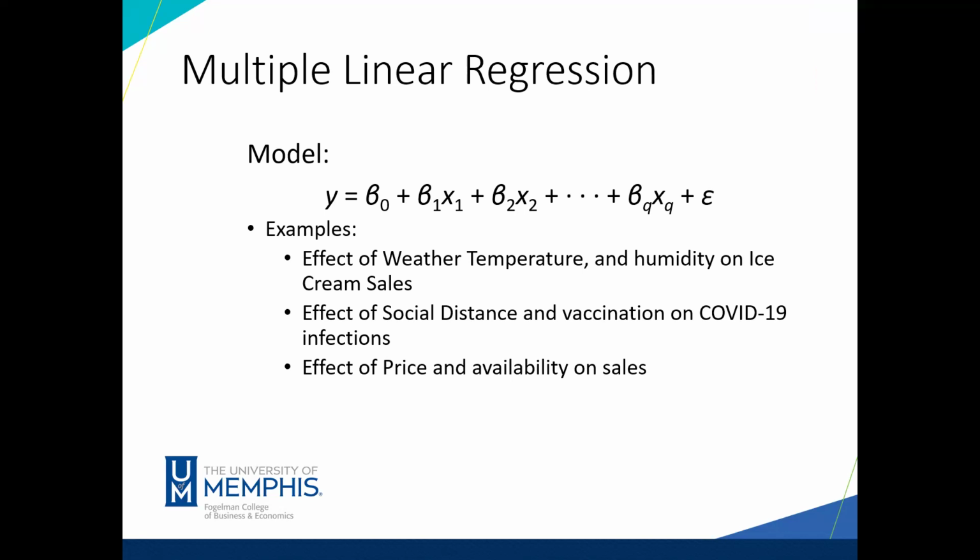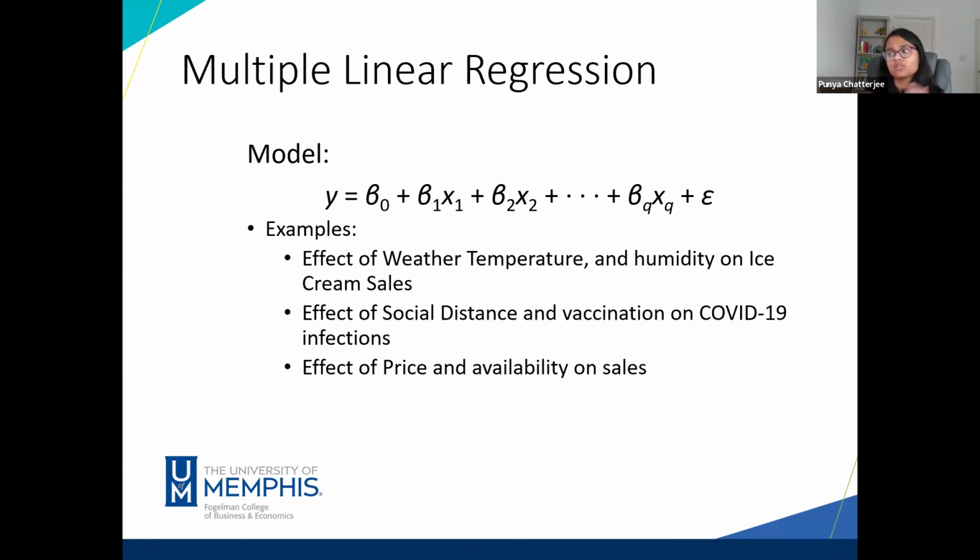Ice cream sales is dependent, weather and humidity are independent. Right, very good. So we agree. Basically we're asking to quantify or estimate or predict the effect of weather temperature and humidity on ice cream sales. Ice cream sales depends on weather temperature and humidity. Weather temperature doesn't depend on ice cream sales.